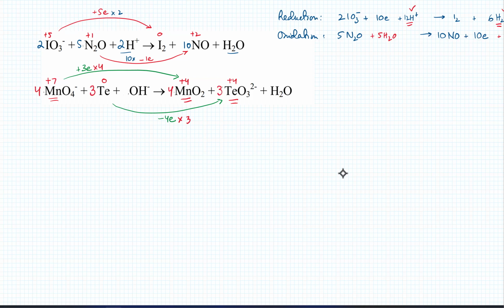The only thing that's unbalanced now is the OH and water, right? You just go and balance it. So that's the only thing left. They're going to be balanced the normal way. So how would you balance those?